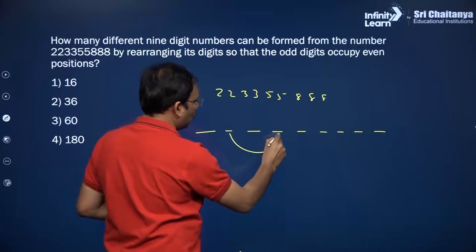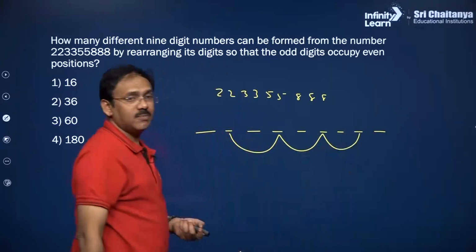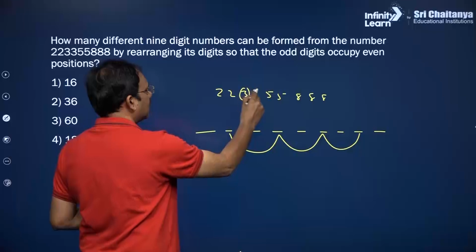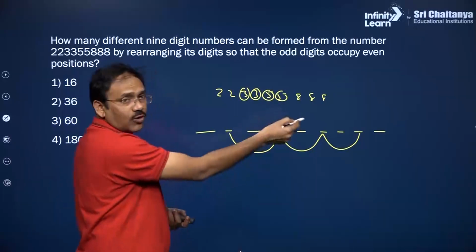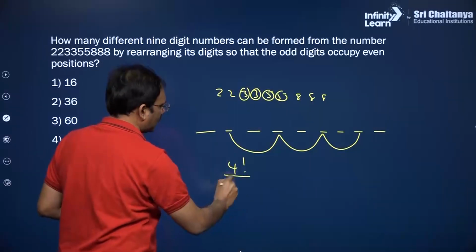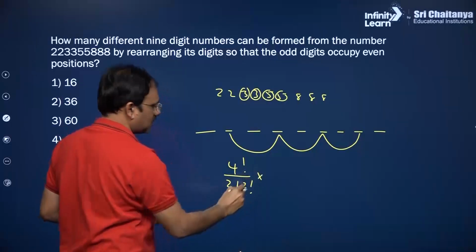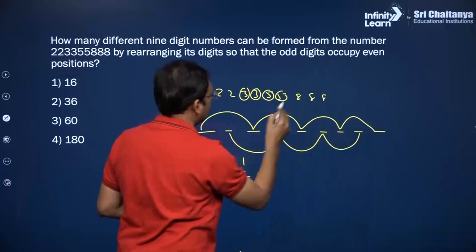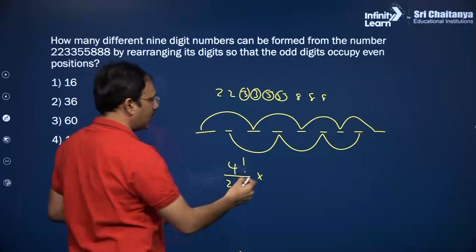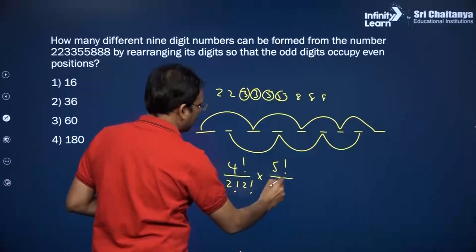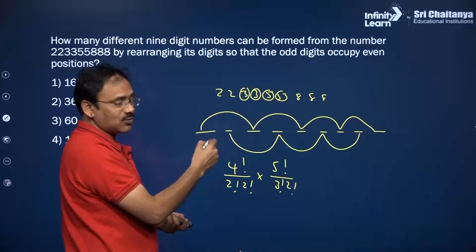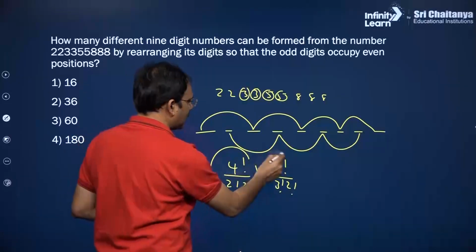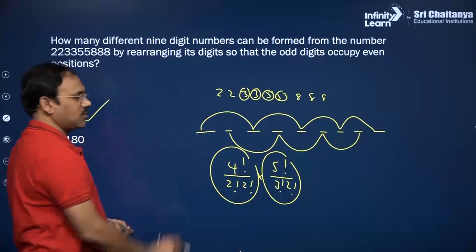Even positions 2, 4, 6, 8 must be taken by odd numbers, meaning 3, 3, 5, 5. These 4 numbers you can arrange here in 4 factorial by 2 factorial into 2 factorial cases. The remaining 5 digits must be filled in the other positions in 5 factorial by 3 factorial into 2 factorial ways, because there are three 8s and two 2s. This is 6, this is 10, so the answer is 60.